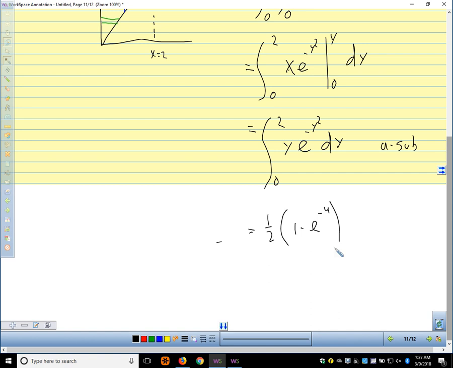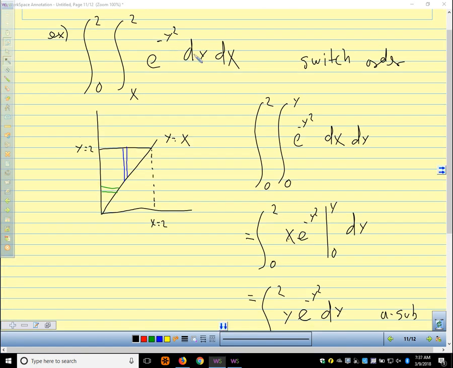Hang on, I don't understand why that was so hard. It's just a triangle. This integral, it's not the region. You can't evaluate that integral. It's like a hole in mathematics. If you wanted to evaluate that, you'd have to write a Taylor series or do an approximation.